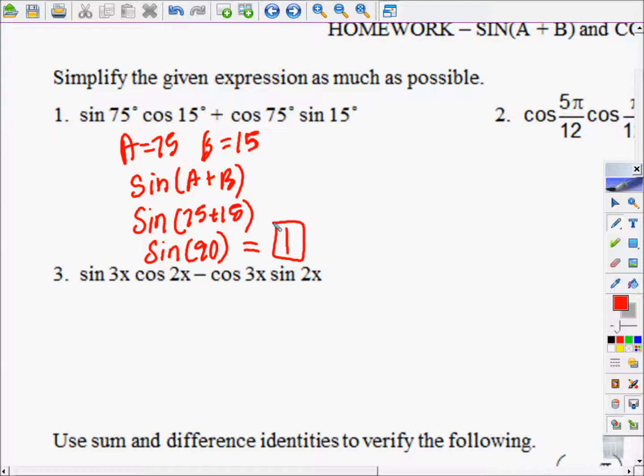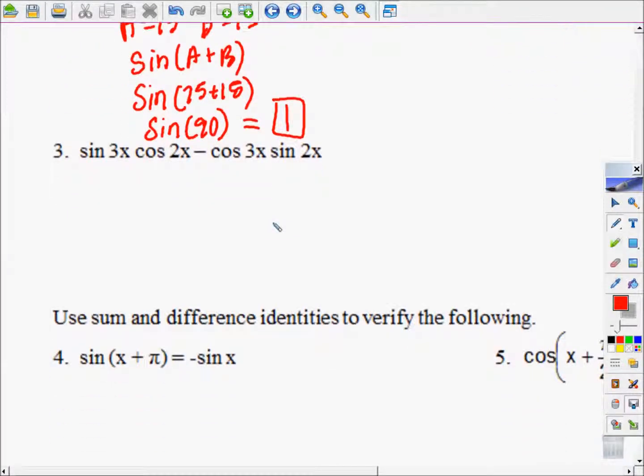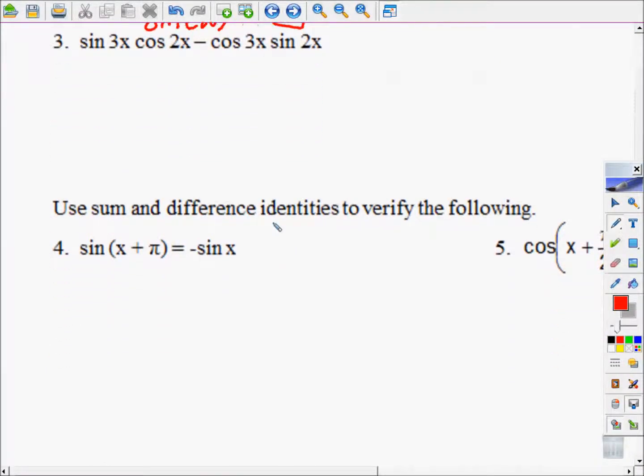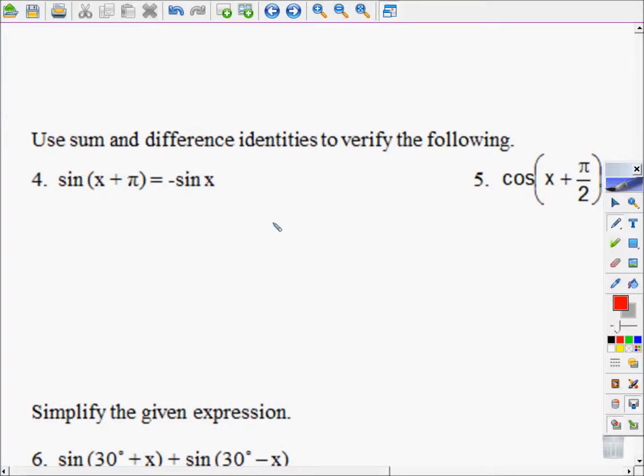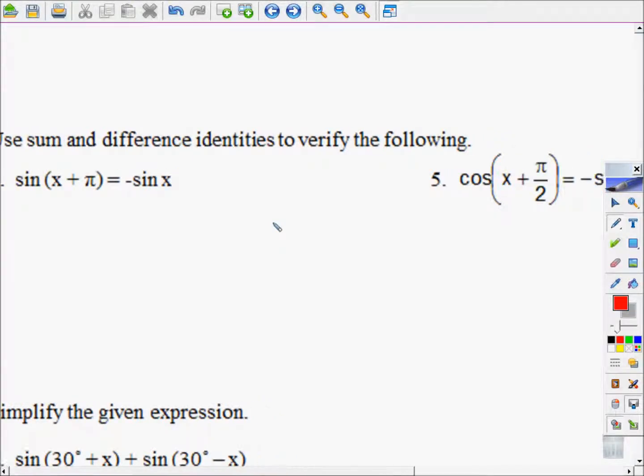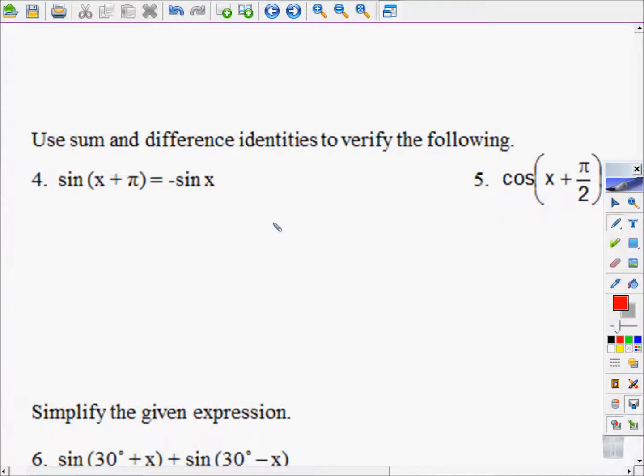Now we're going to move on to the next ones. On 4 through 5, you're just proving, like we did on number 6. Again, you're going to identify your A and B, and then substitute in and simplify.